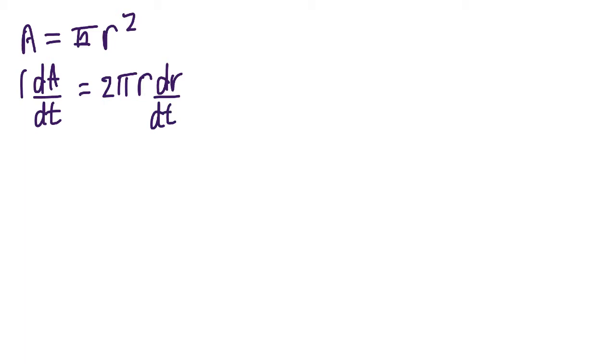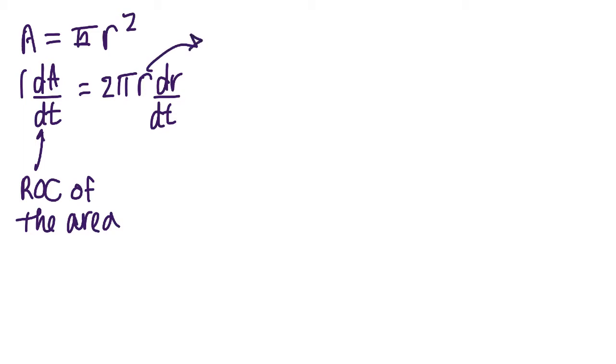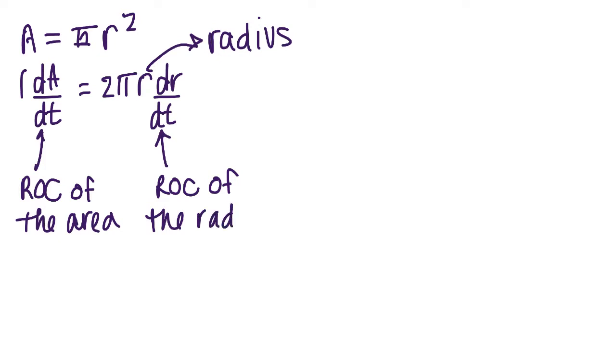And what we really found here, this is the rate of change of the area, and then this is still the radius, so that is still what we know. And then dr over dt, that's going to be the rate of change of the radius. So we still have a lot of similar things going on here, but we have some new stuff as well.